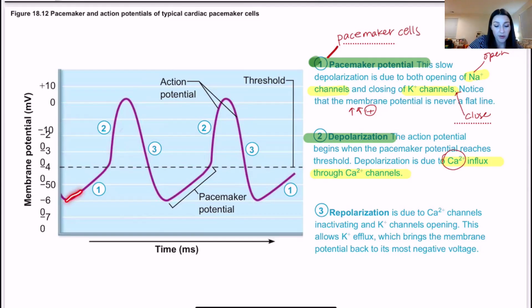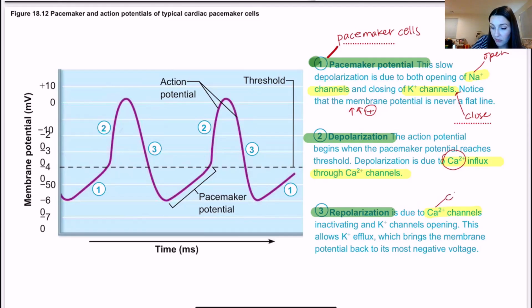And then, of course, what goes up must come down. So we have our pre-potential and our pacemaker potential. We go up in the depolarization phase and then back down. And that going back down is coming back to resting membrane potential, which we know the definition of is repolarization. In repolarization, what happens is the stuff making our cell more positive closes, and that stuff is calcium. So when in doubt, the answer in cardio is calcium.